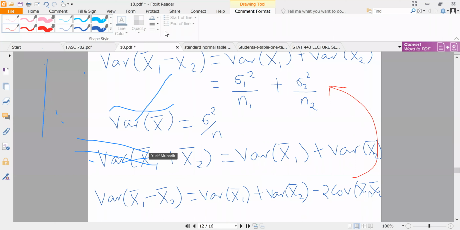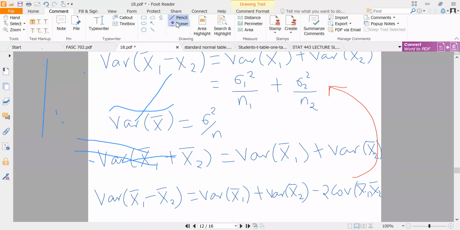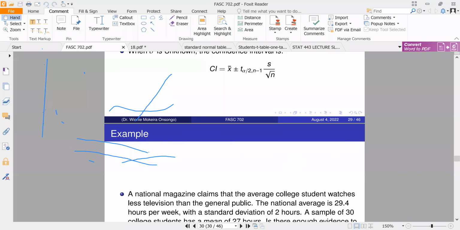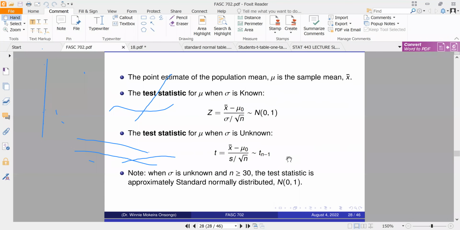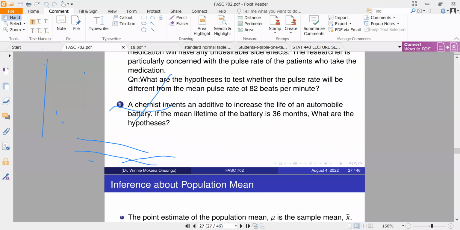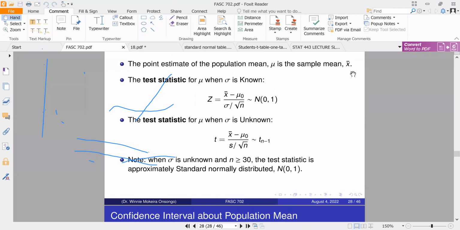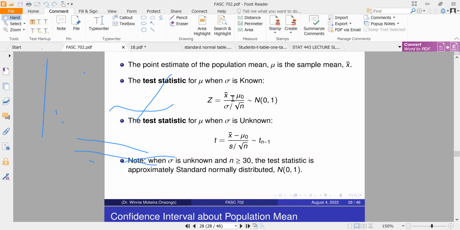And we need to know how we can distinguish between the two so that there is no confusion. Whatever we had at the beginning, up here, we had a statistic for a single population parameter.